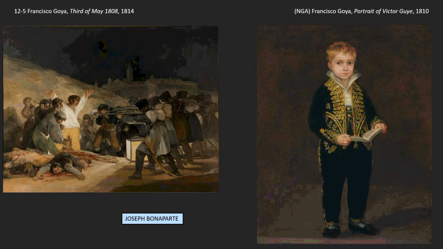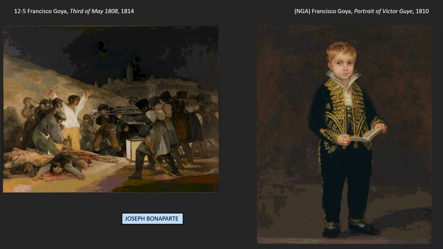So after 1813, when the Spanish throne is restored, Goya has got some explaining to do. He'd been working for the French, and there were people that questioned his patriotism.